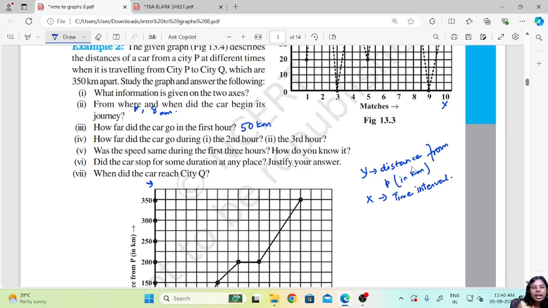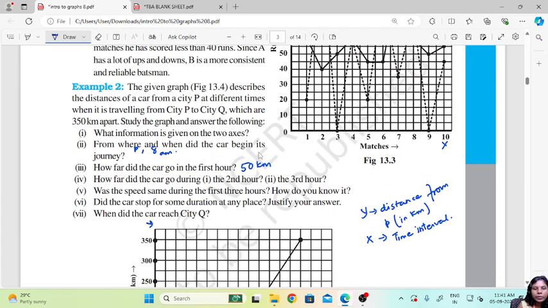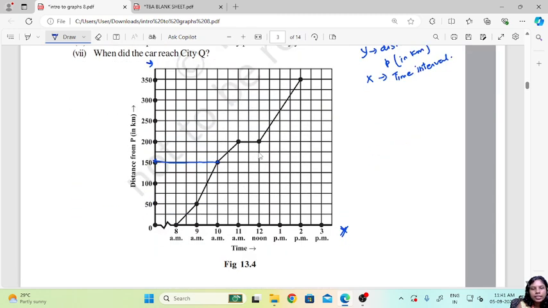How far did the car go during the second hour and the third hour? Now, during the second hour, if you look, this is the 1st hour, so this is the second hour. For the second hour, you have to look here and then look straight onto this axis. So it is 150 kilometers in the second hour. The third hour, so this is 1, 2 and 3.